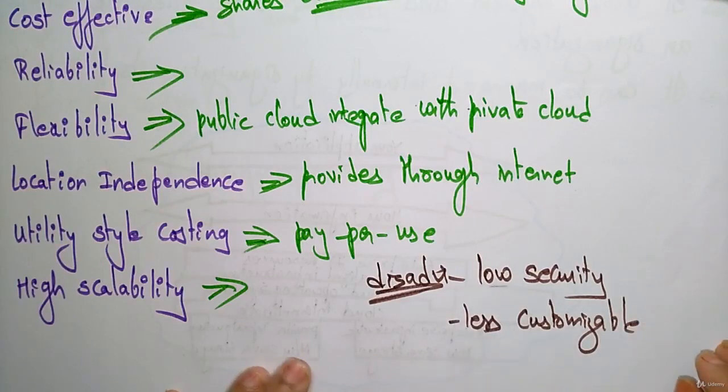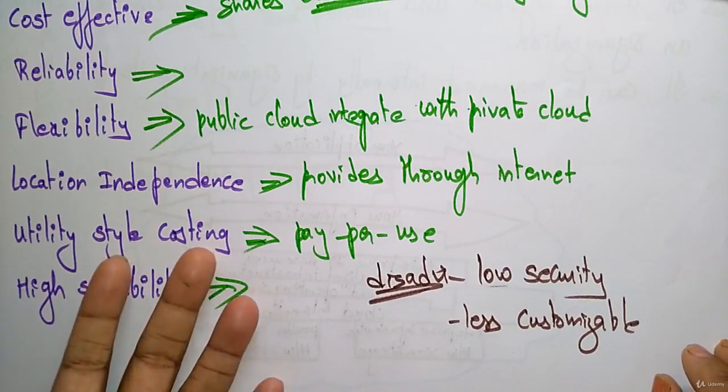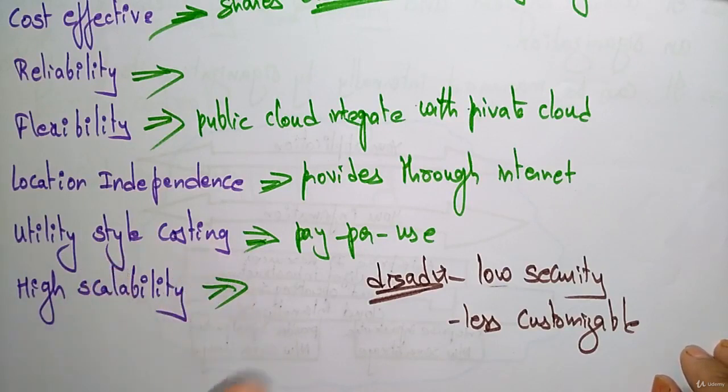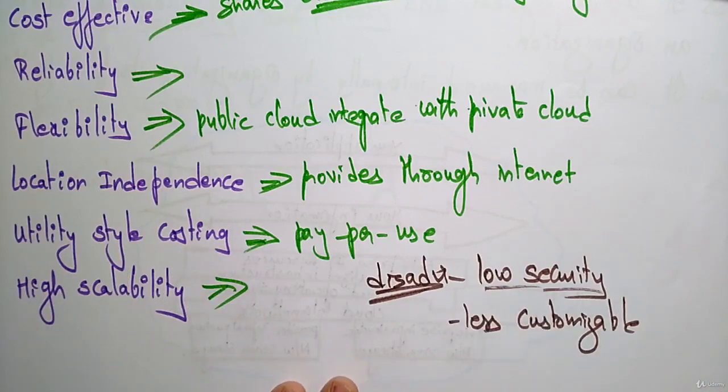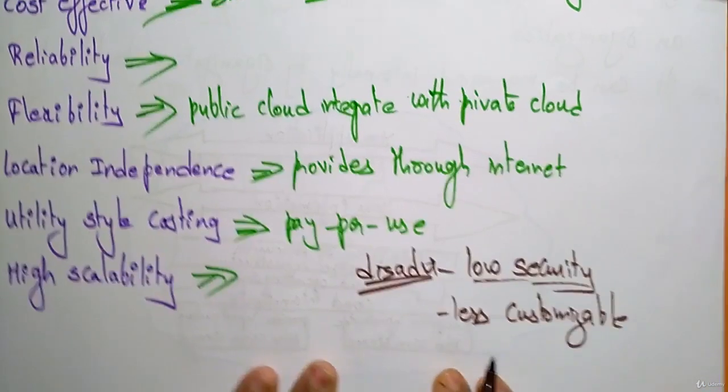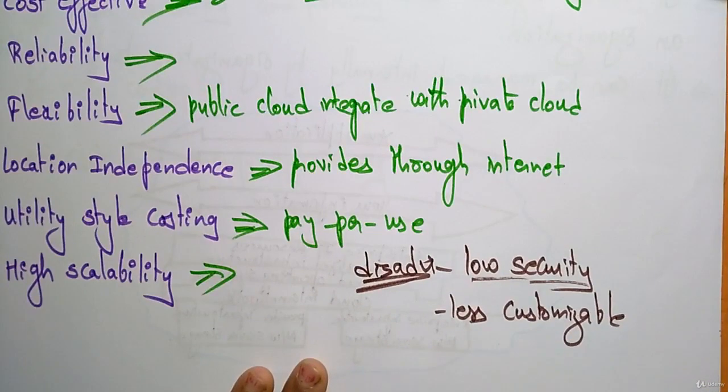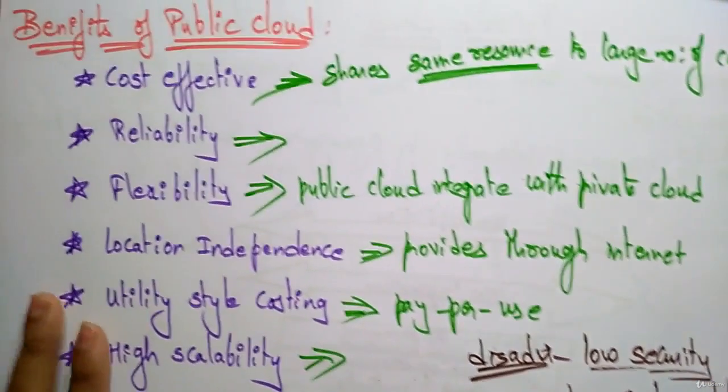Obviously it is low secure because so many people are accessing the same information, and not only that, the data information is available publicly. So we can't ensure high level security. That's why the public cloud is low secure and less customizable. You can't customize frequently.